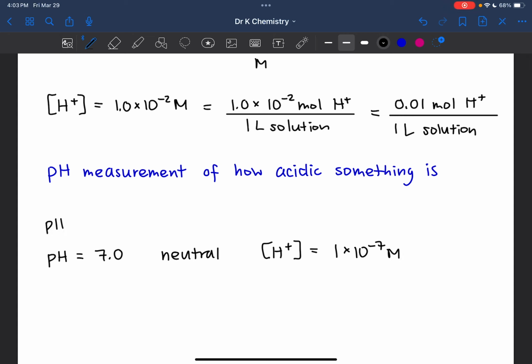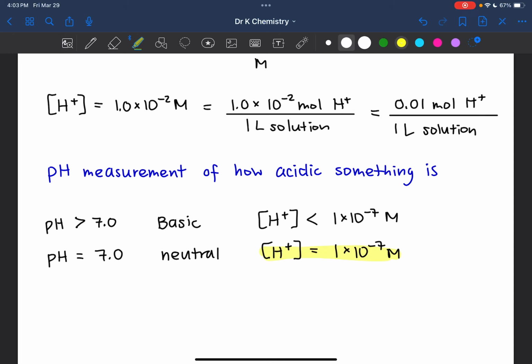If the pH is greater than 7, then the solution is basic. And if you have a basic solution, it means you have more base in solution than acid. So in that case, the hydrogen ion concentration would be less than 1 times 10 to the negative 7 molar, because it's saying you have less hydrogen ions than you would in a neutral solution.